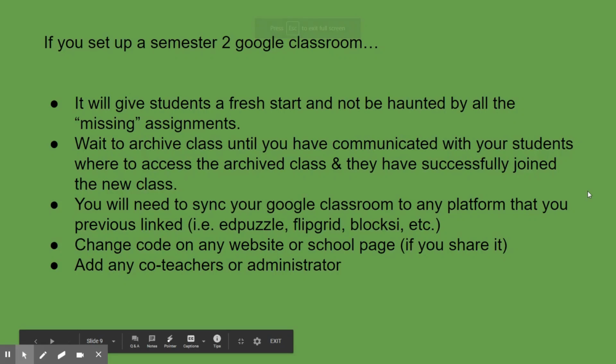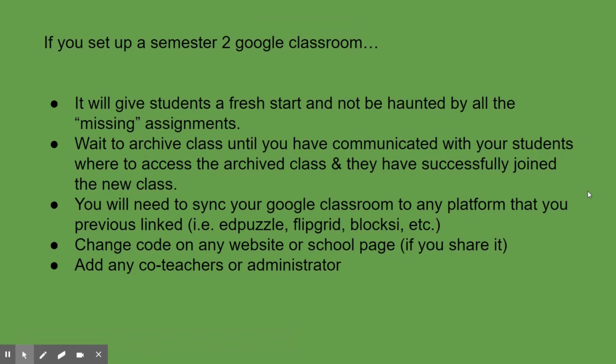All right, so just to recap, if you do set up a second classroom for Semester 2, make sure your names are clearly titled, either Semester 1 or Semester 2, so that it keeps it straight when you're trying to archive and resync everything. And you will also want to do this just to give kids a fresh start.